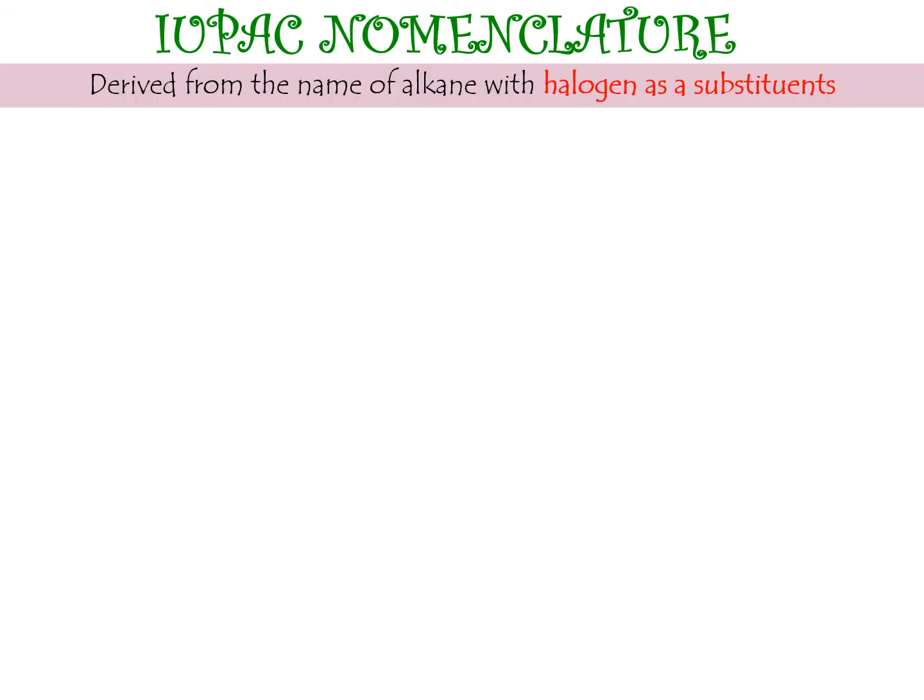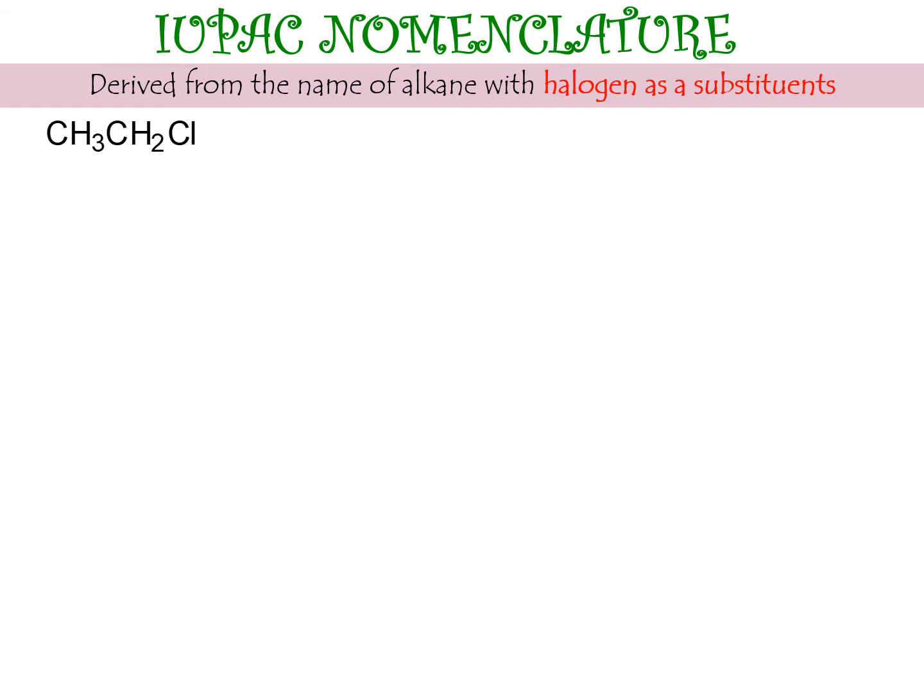Now we will learn the IUPAC nomenclature of haloalkanes. The IUPAC names of haloalkanes are derived from the names of alkanes with halogen as a substituent. Let's try to give the IUPAC name of this compound. First step is to determine the parent chain, which is the longest continuous carbon chain.